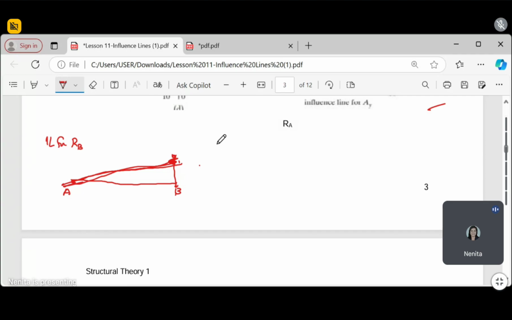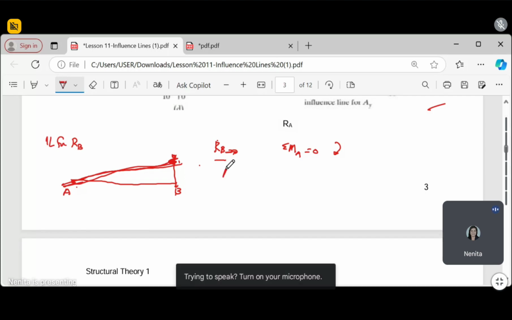What you will do is solve R sub B, get the equation of R sub B. How will you get it? You get the equation by taking the moment at point A equal to 0, right? Or you can use our equation, let's say the value of AY.